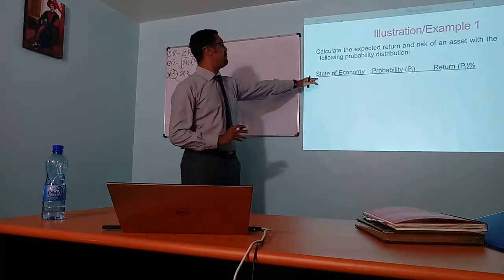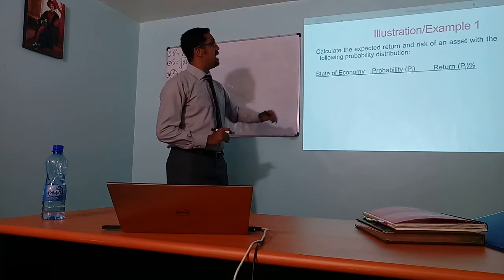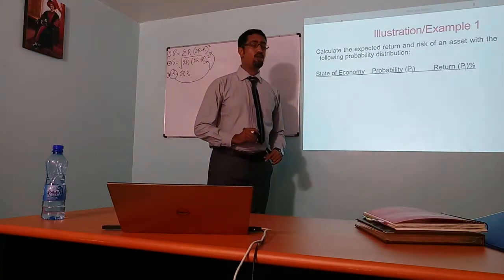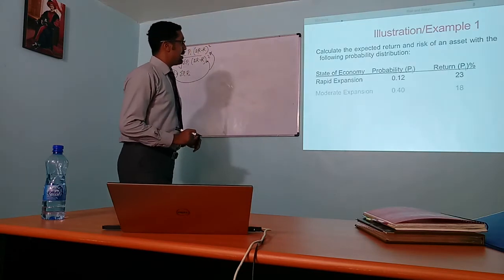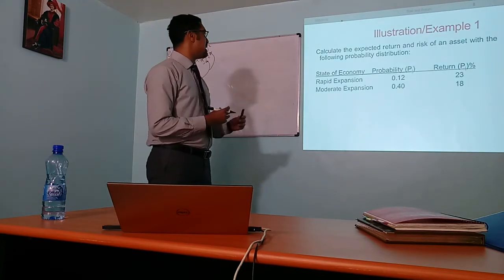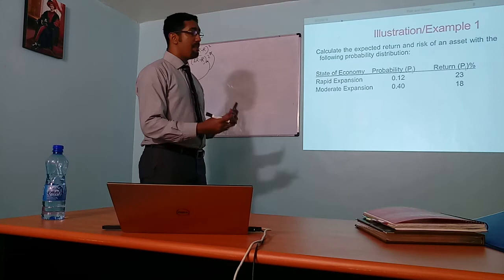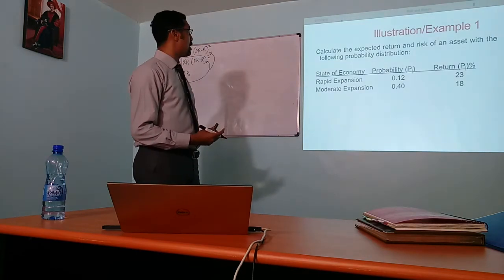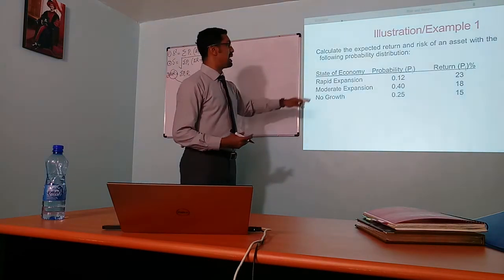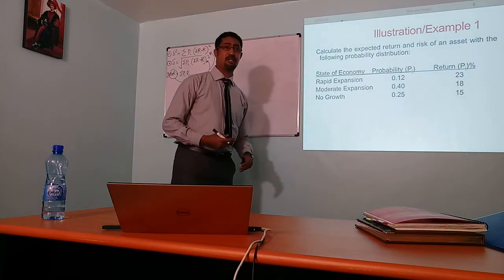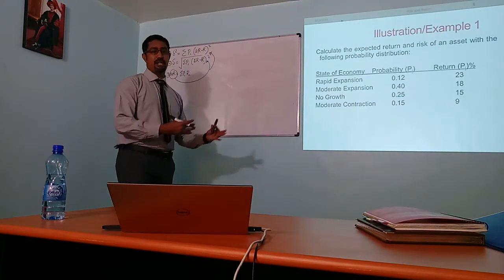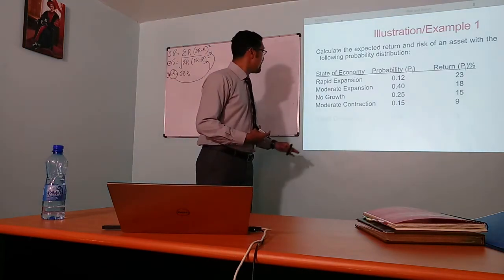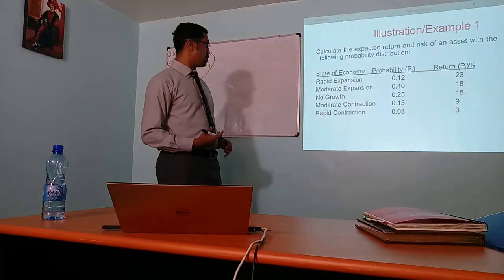We have different economic situations, and the probabilities are given to you as well as the returns. There are different economic states of an economy. We could have rapid expansion, moderate expansion, no growth at all, moderate contraction, the opposite of expansion, or rapid contraction.